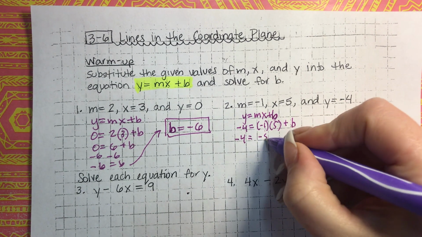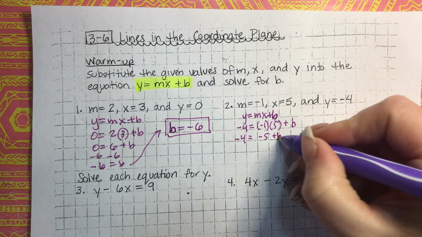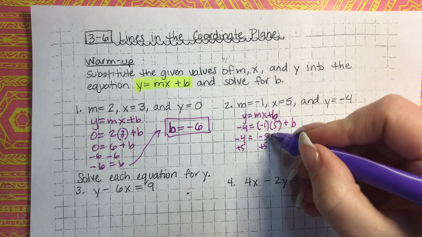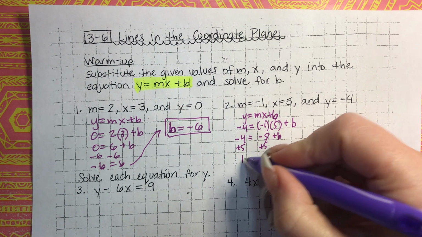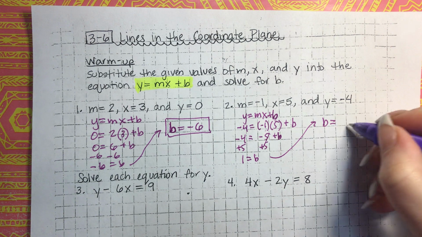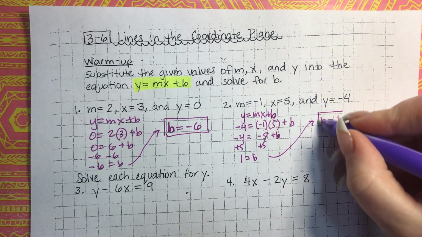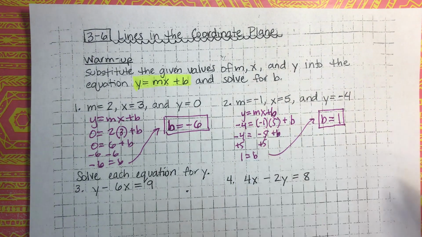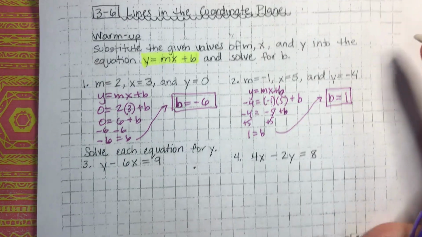Negative 1 times 5 is negative 5. And then we want to get b by itself, so we're going to use the addition property of equality. Negative 5 cancels, and negative 4 plus 5 is 1. And then I'm going to write my answer up here using the symmetric property of equality and swap sides, so the variable is on the left side. If you got both of those right, woohoo, good job.